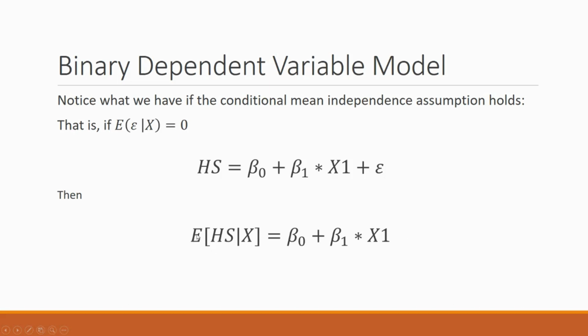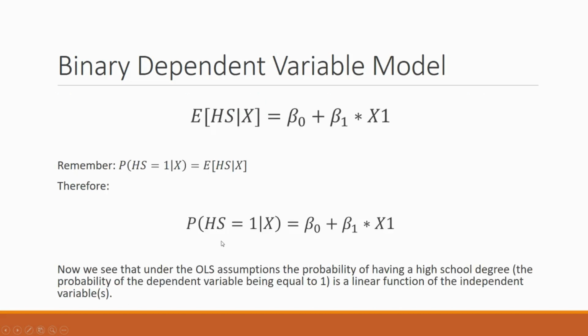So we have the expected value of the high school degree variable conditional on x equals this linear function. Now remember that the expected value of a binary variable is equal to the probability that that binary variable equals 1.